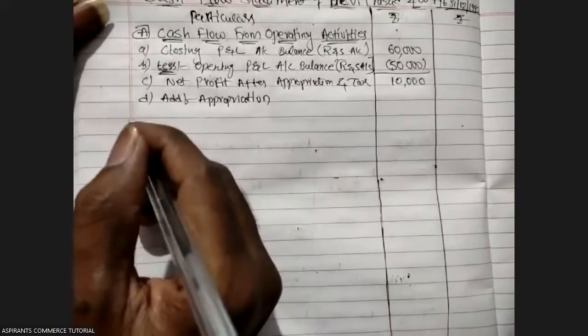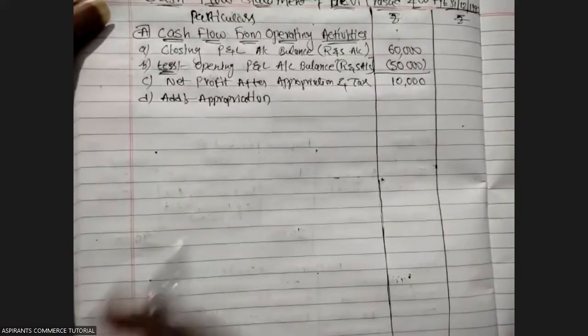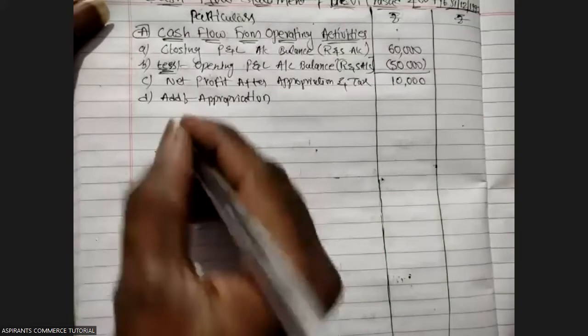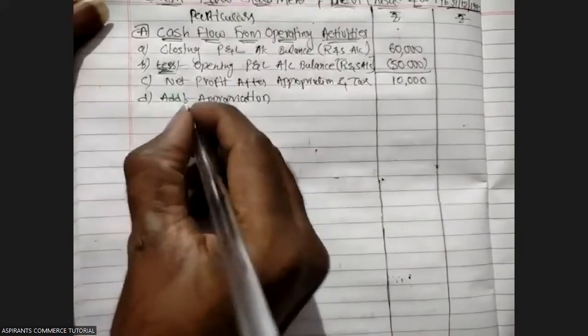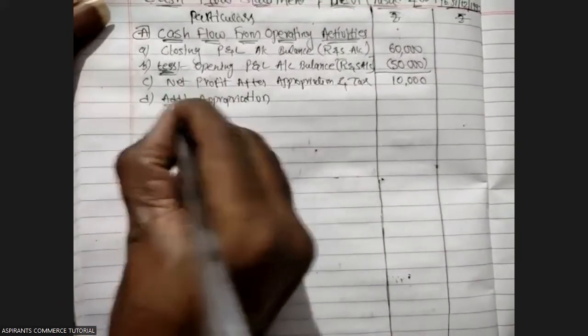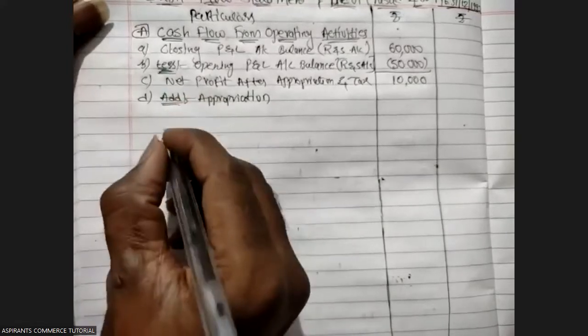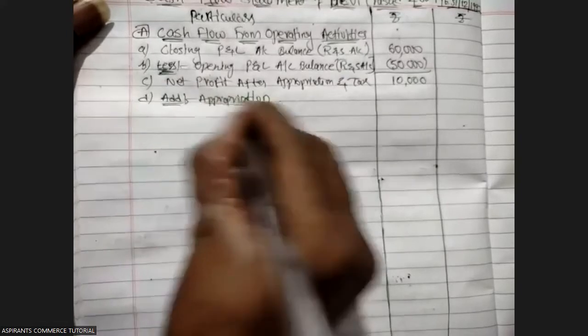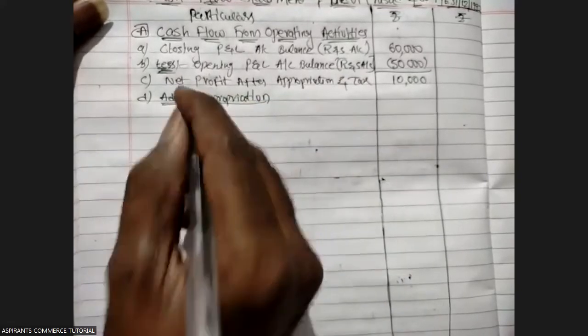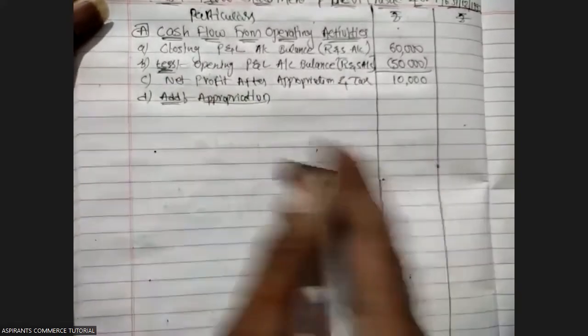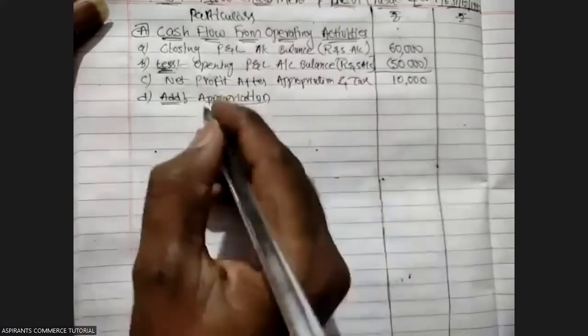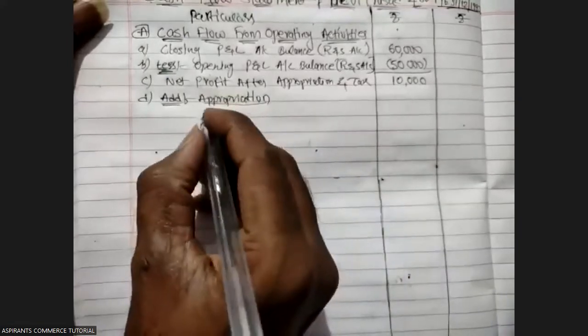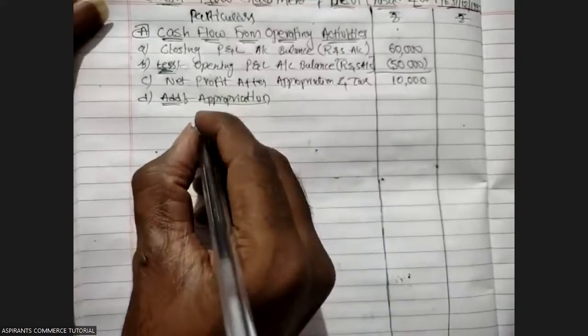But here there is no general reserve. Is there any general reserve in the question? As per my knowledge, there is nothing. We just have proposed dividend or provision for dividend, which is given as a term in the question. So provision, current year provision for dividend.